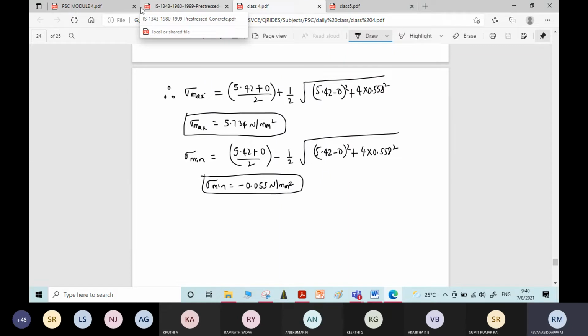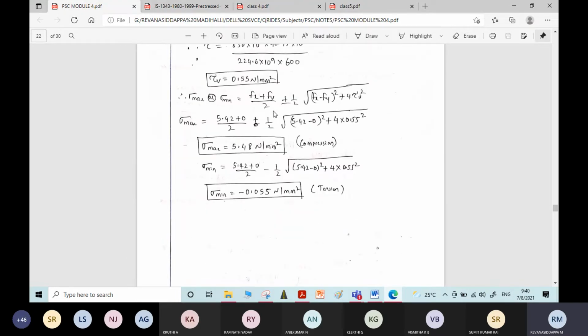Till now, you have learnt how to do the analysis for shear stresses or the principal stresses in a pre-stressed concrete beam. Next, you will be learning how to design a pre-stressed concrete beam for a given shear force.